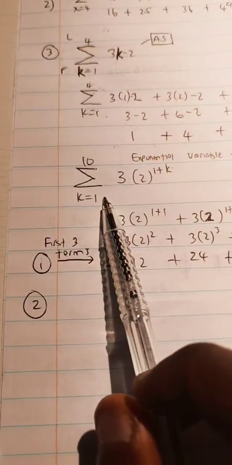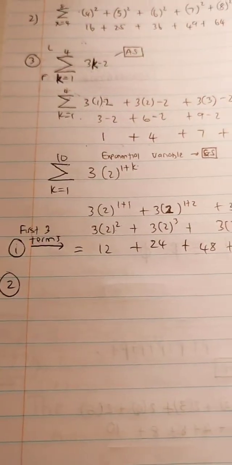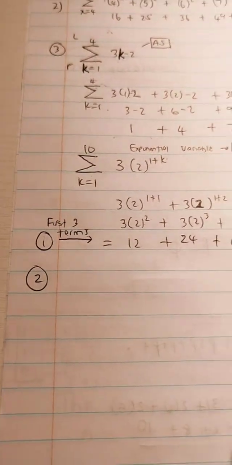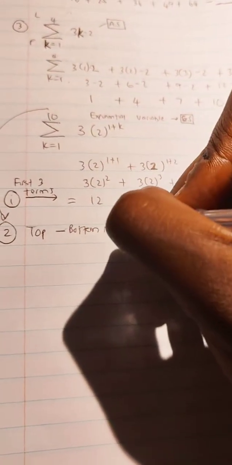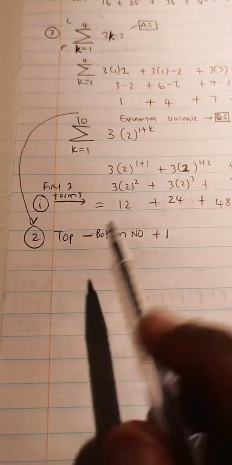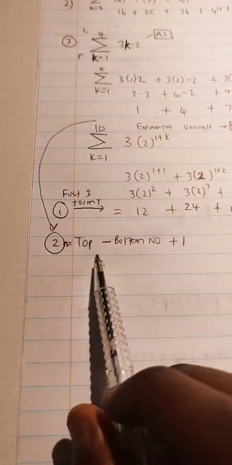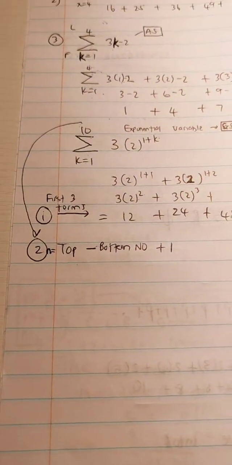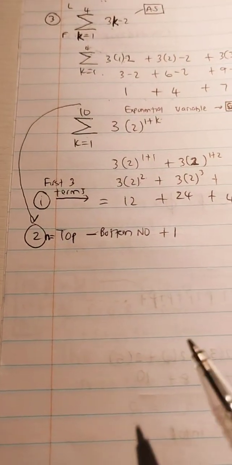We need to figure out the number of terms we actually have in the series. To get that, we take the top number, subtract the bottom number, and then add 1. This is a rule we can use whenever we want to figure out the number of terms in a given series.